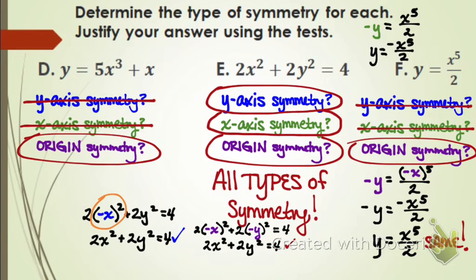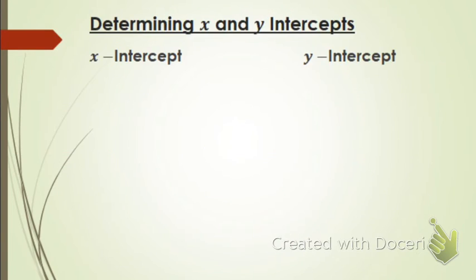Last thing I want to cover for today is intercepts. What does it mean from a graphing perspective for something to be an x-intercept? What would I look for on a graph to know where my x-intercepts are? It would be a number and then 0.